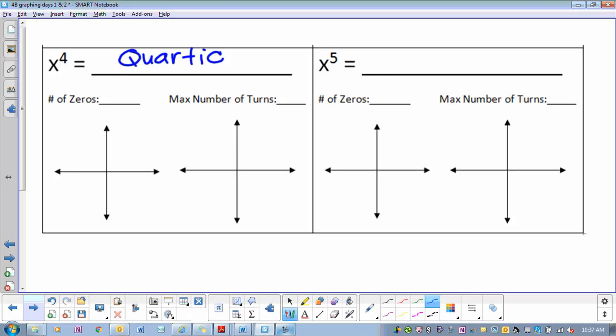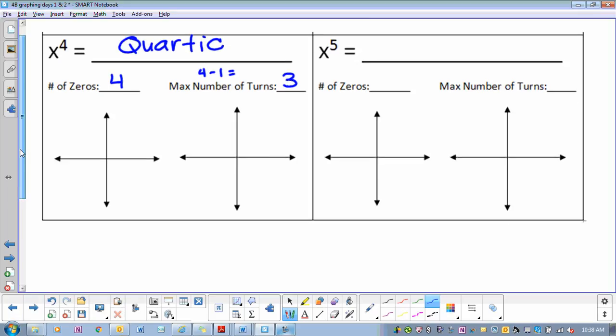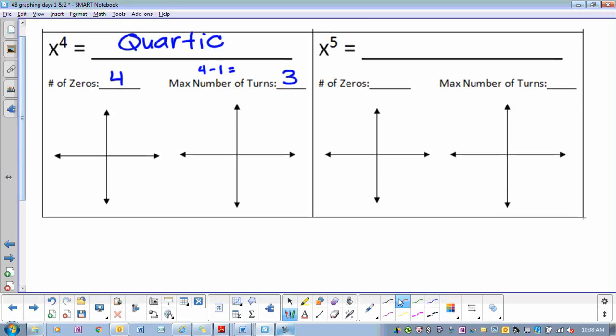So, what does that tell me about the number of zeros? There are 4 zeros. Good. The maximum number of turns is going to be 3 because it's 1 less than that. Now, is this an even or an odd function? Even. So what does that tell me about the end behaviors? Same. So positive would be y equals x to the fourth, dot, dot, dot.